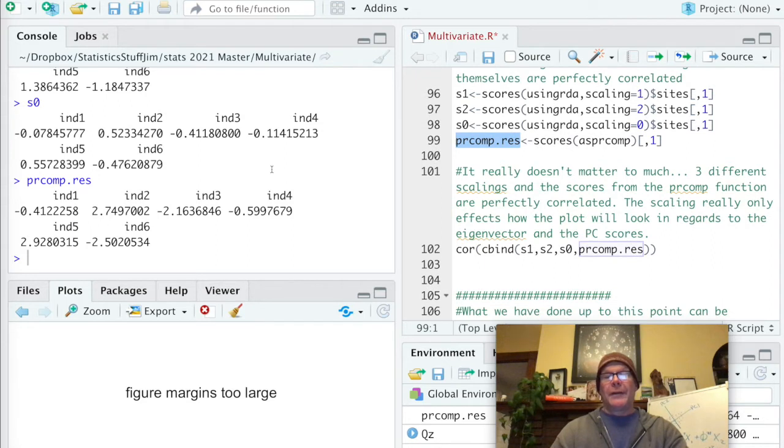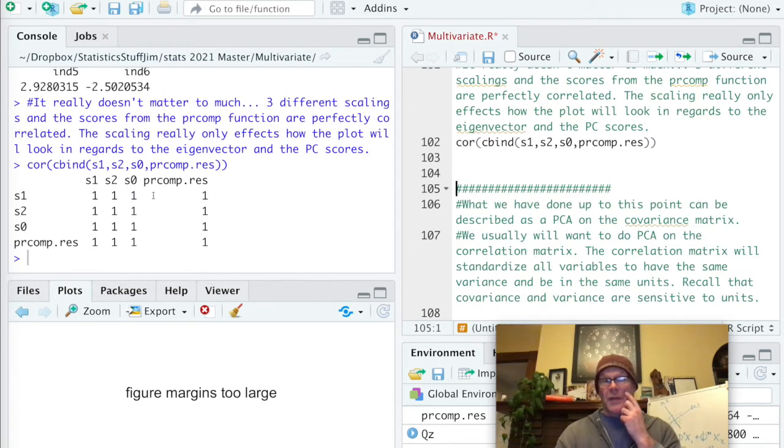The reason why it doesn't really matter too much is that if we were to look at the correlation amongst all of the scores, and this is just for axis 1, but it would be the same for axis 2, and remember the scores are the thing that we're plotting, the correlation is perfect, right? It's a perfect correlation. It's just that they're on different scales, and that's just because they're trying to capture different pieces of the information.